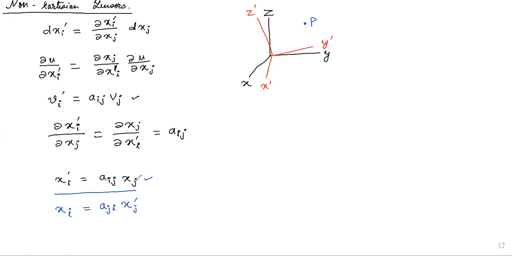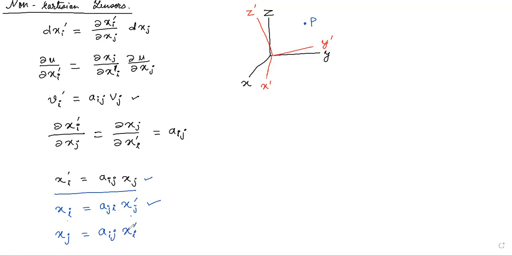I invert this equation and I obtain the unprimed coordinates in terms of the prime coordinates. Now if I interchange i and j in this second equation, what do I get? xj is equal to aij xi prime.